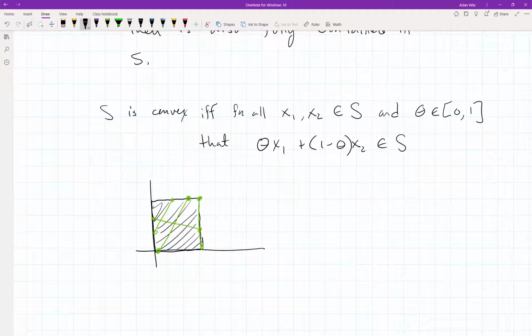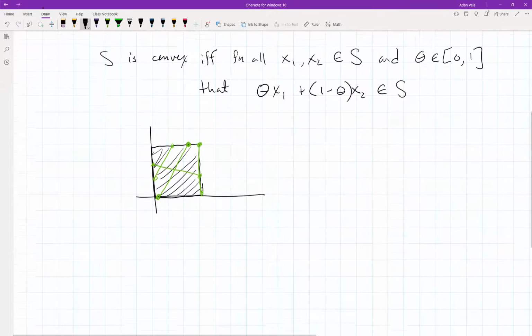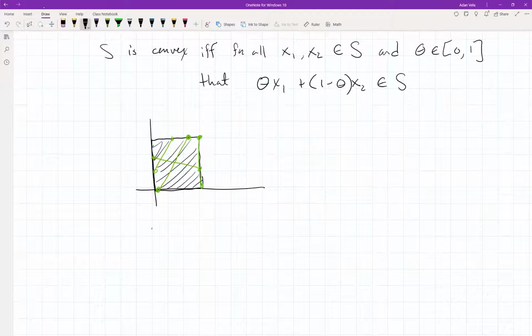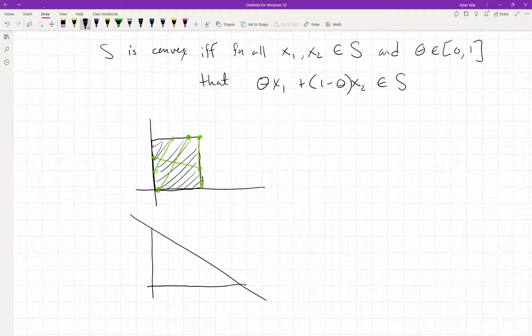Now, a convex set doesn't have to be a pretty box. It can be any sort of shape. Let's say I had a constraint that said you have to be less than some line or greater than some line, but less than a parabola. So it'd be this area right here, shaded in.